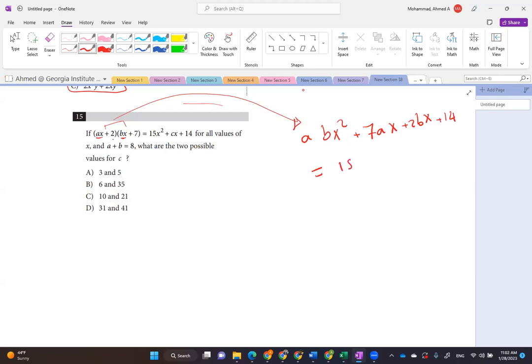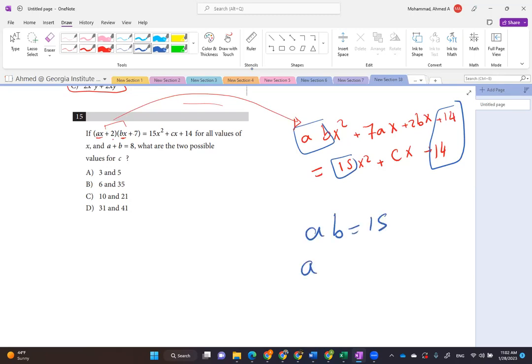This equal 15x squared plus CX plus 14. So 14 is matching with 14. So AB should be equal 15, right? So the first equation, AB equal 15. And A plus B, you have it from here, equal to 8.